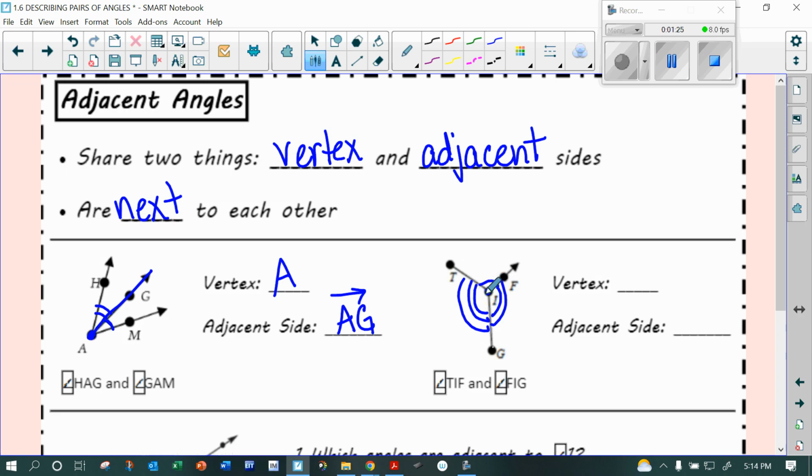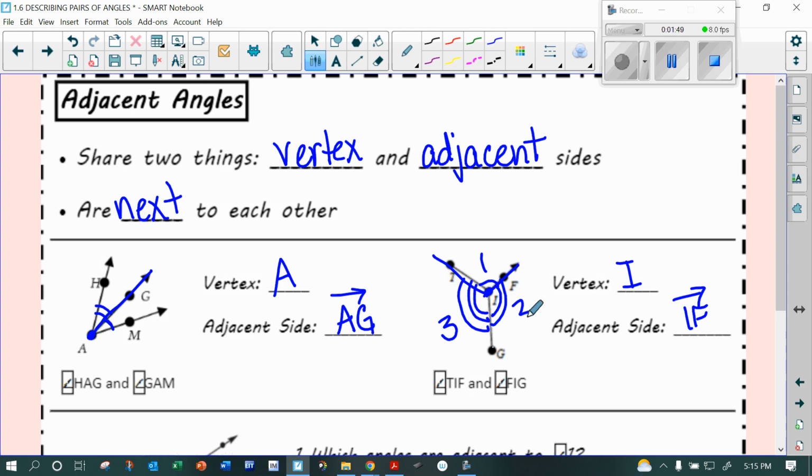So the vertex of all three angles is I, and the adjacent side IF is the adjacent side between angle 1 and angle 2. If I was looking at angle 1 and 3, this would be an adjacent side.